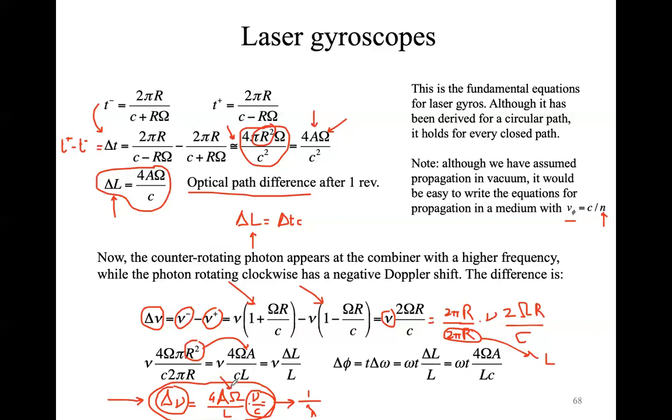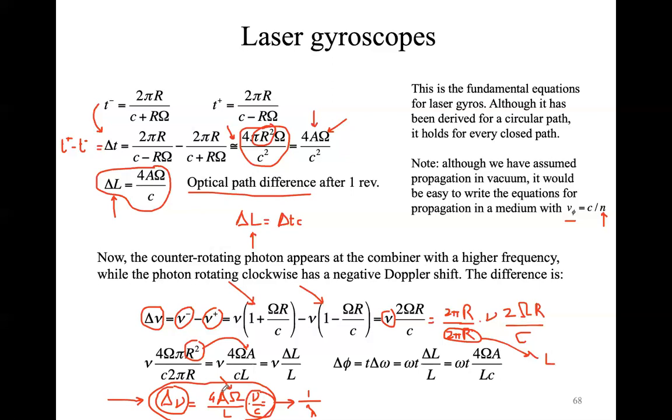An important conclusion of this description of the instrument is that in order to have a better estimation of omega, you have to increase the area of the ring.